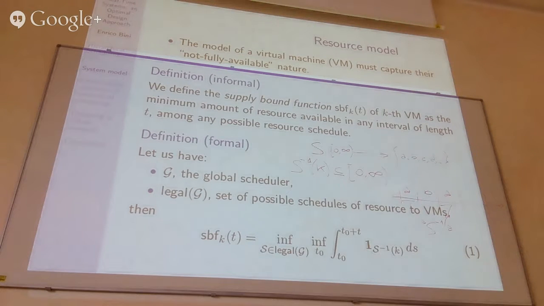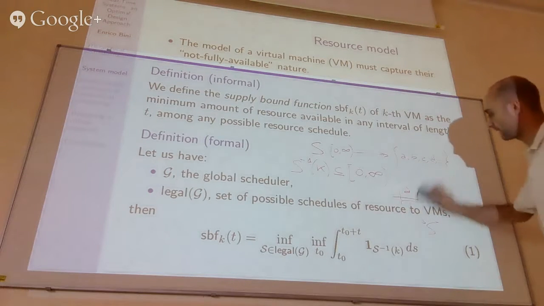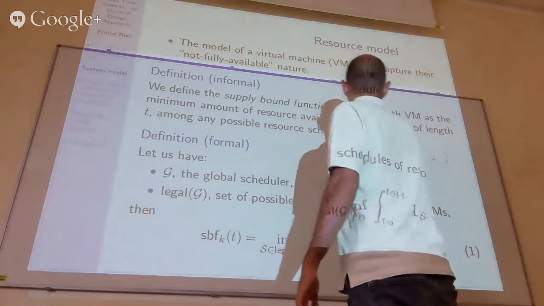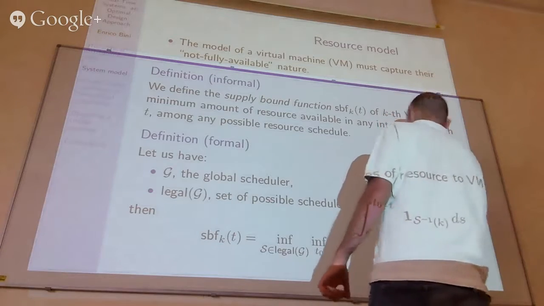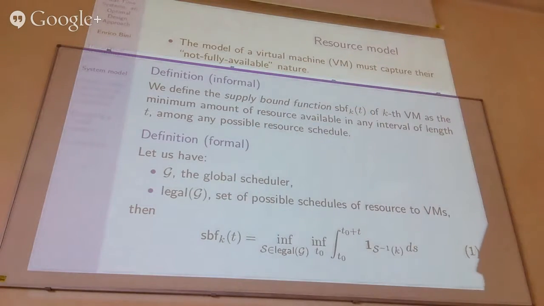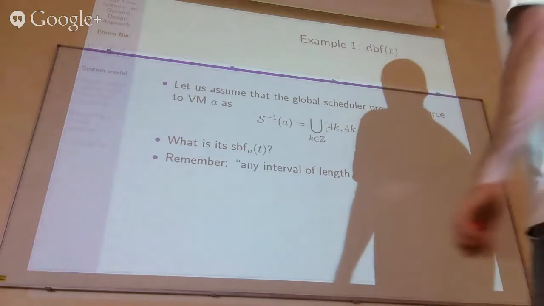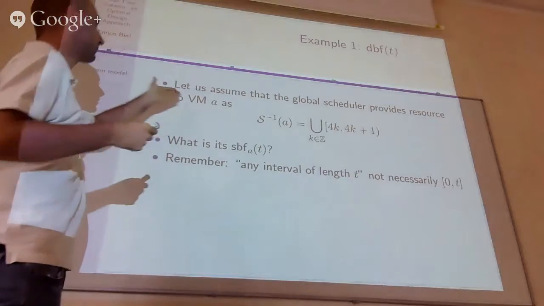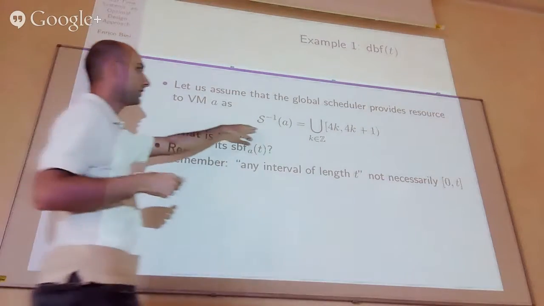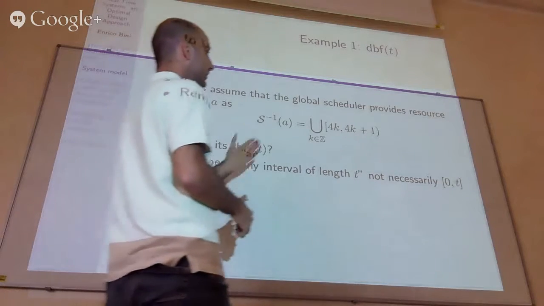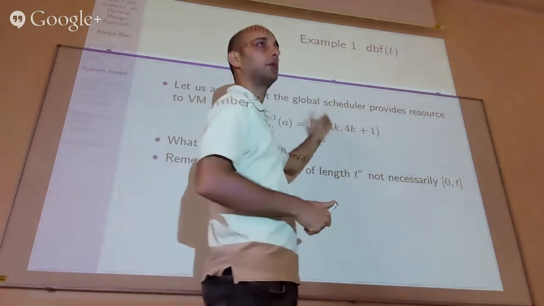So basically, let's now put this definition in practice. I have examples later on. Let's compute it for some example. Let's assume that the global schedule provides resource to the virtual machine A according to this schedule. This schedule is just the union over all intervals of this form.